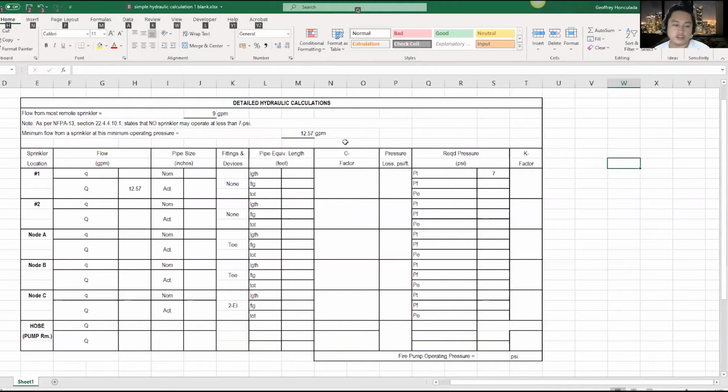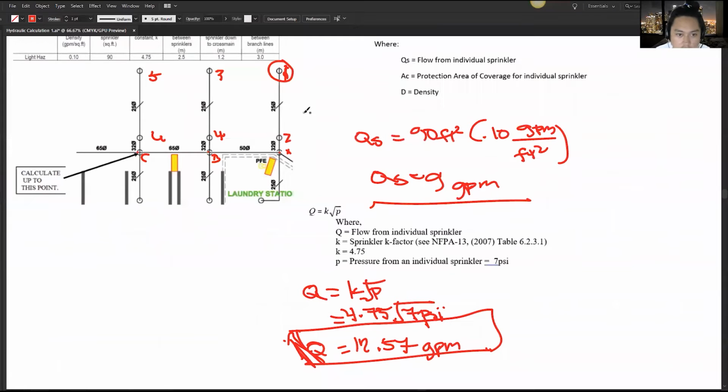The next thing that you need to do is, let me just get back to the problem. You need to calculate the friction loss from here to here. And if you've noticed, this pipe has a diameter of 25 millimeters.